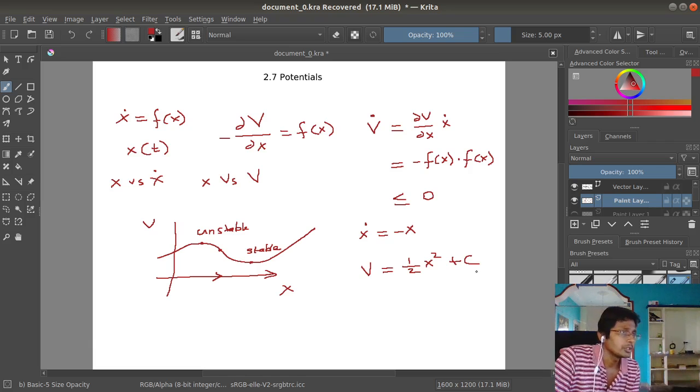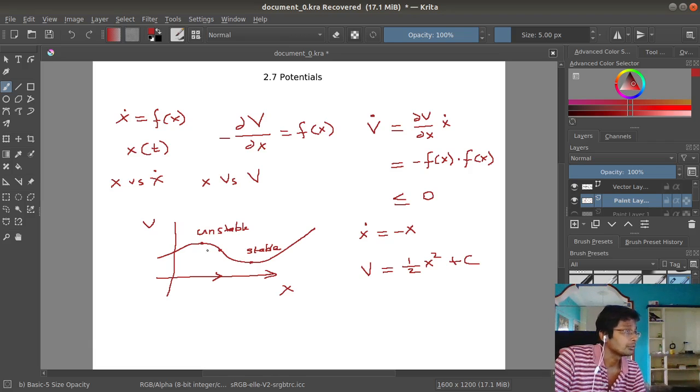Now in this analysis, all I care about is where the peak is and where the valley is. By adding the c, all it does is a shift, either upward or downward.